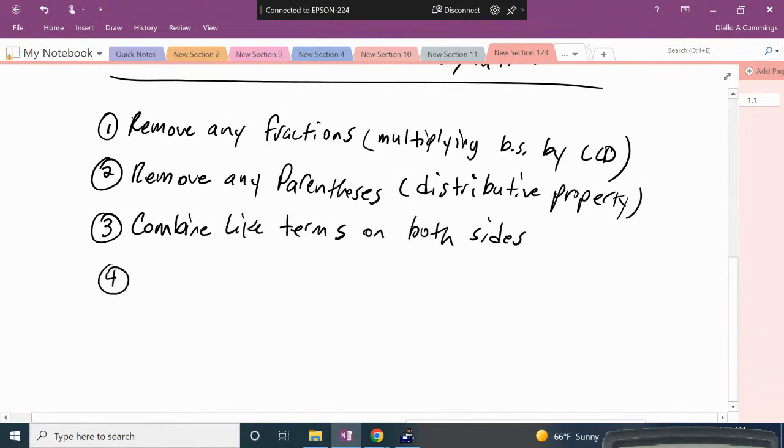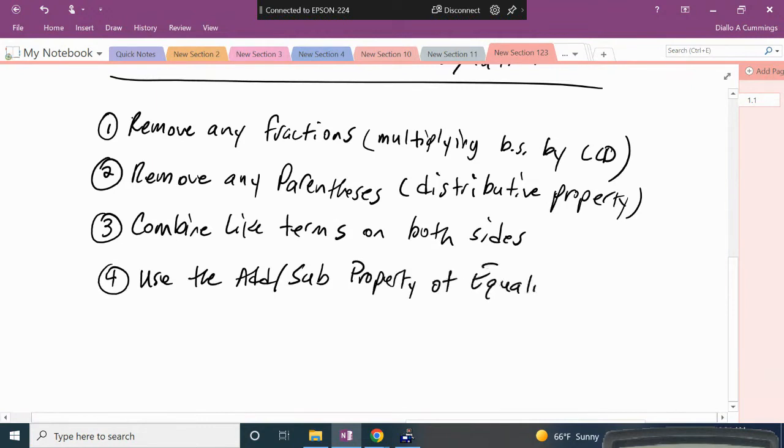Okay, the fourth thing you want to do is use the addition/subtraction property of equality. The property of equality basically states that whatever you add or subtract to one side of your linear equation, you must add or subtract that same quantity from the opposite side.